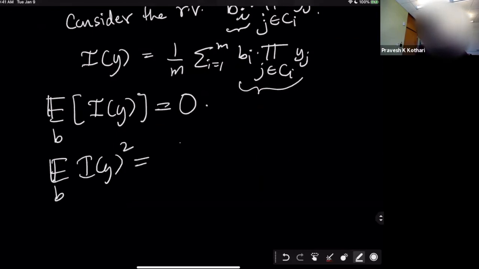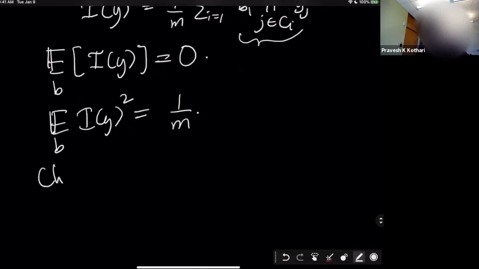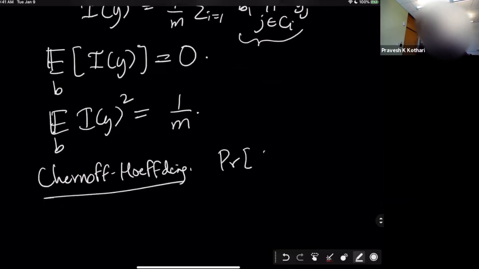It's actually equal to 1 over m. And because it's an average of independent random bits, I can apply the Chernoff-Hoeffding bound. I never recall the constants, but we'll not play with them.